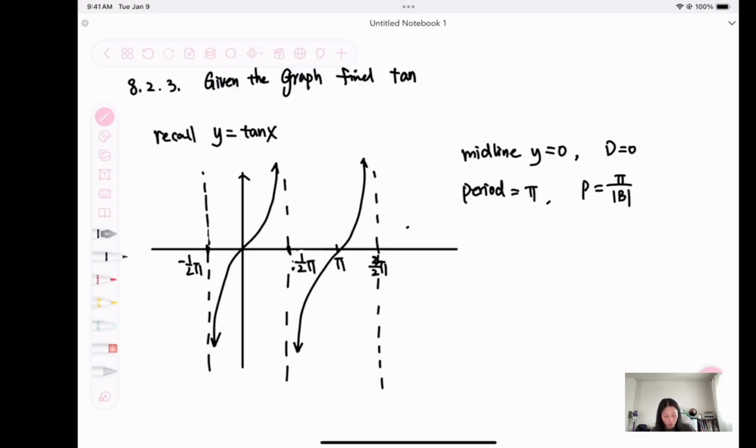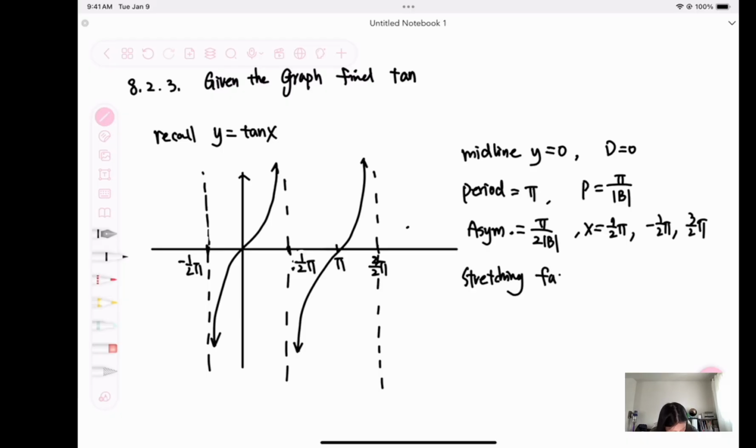And next, we also know the asymptote, which has multiple ones, found by asymptote equals pi over 2 times the absolute value of b. In this case, we have 1/2 pi, or negative 1/2 pi, or 3/2 pi. You add every period to it. And we also talked about the stretching factor, A. In this case, we don't have any stretching factor.